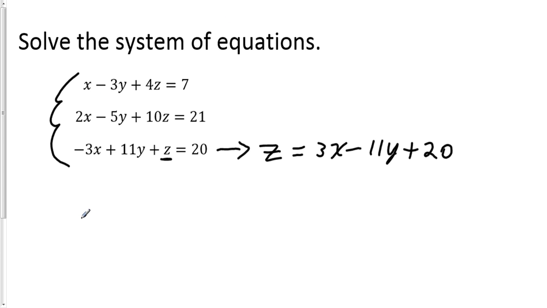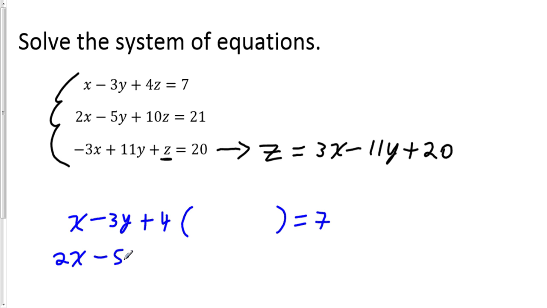So I'm going to take the first equation, x minus 3y plus 4 times, and instead of writing z, I'm going to write that expression that I have for z, and this is going to equal 7. And also I'm going to take the 2x minus 5y plus 10 times, and instead of z, I'm going to write 10 times that expression that I have for z.